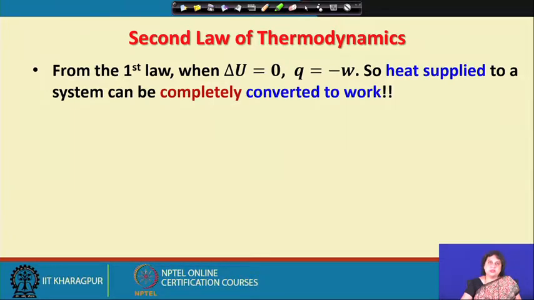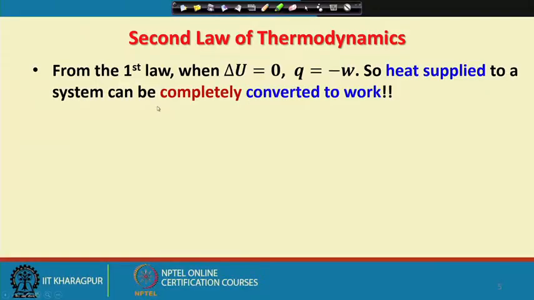It also brings to us the crucial problem of harnessing energy from a given change in state. Now, this is another aspect where the first law of thermodynamics is not doing enough.